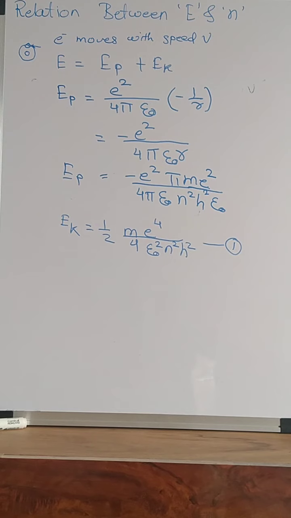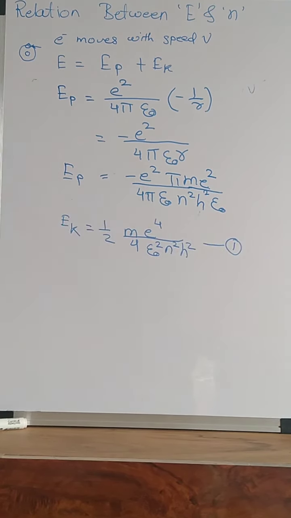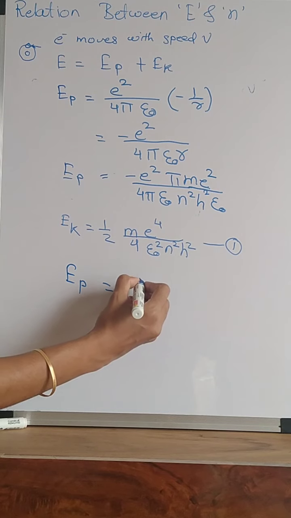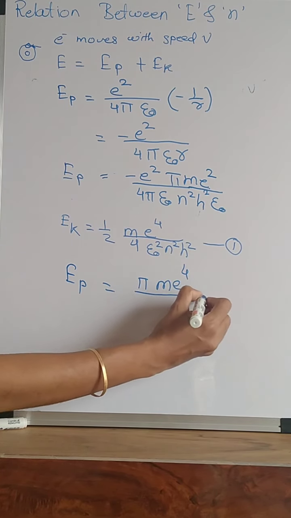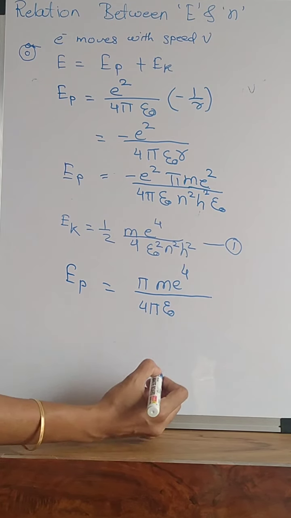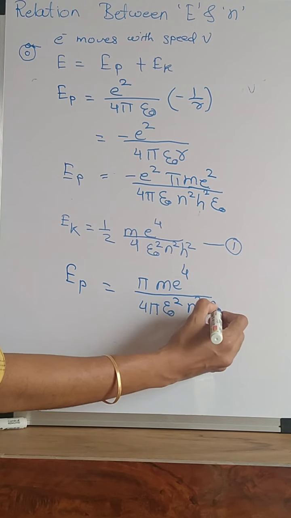Now if we solve this, we will get Ep as pi m e raised to 4 upon 4 pi epsilon naught square n square h square.